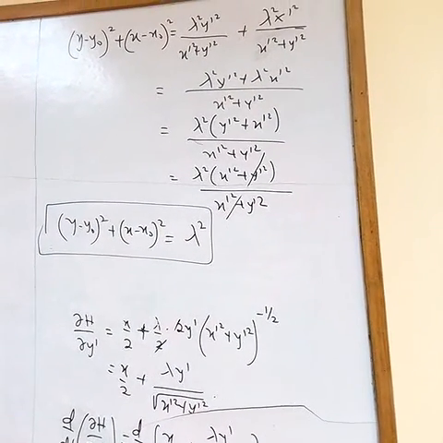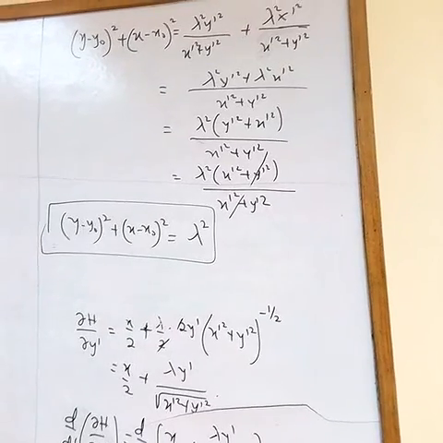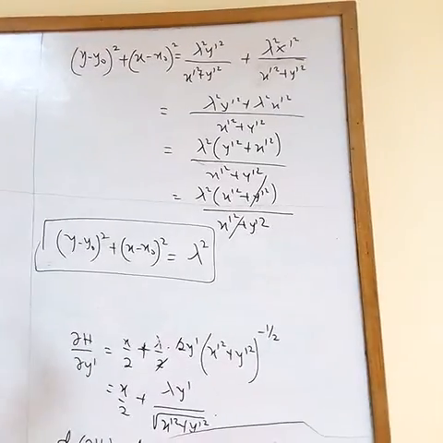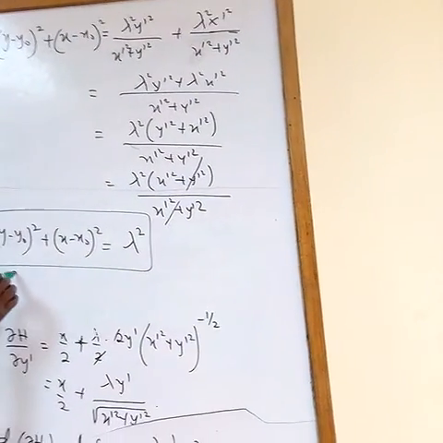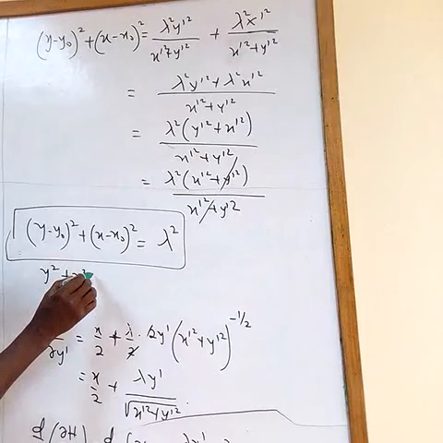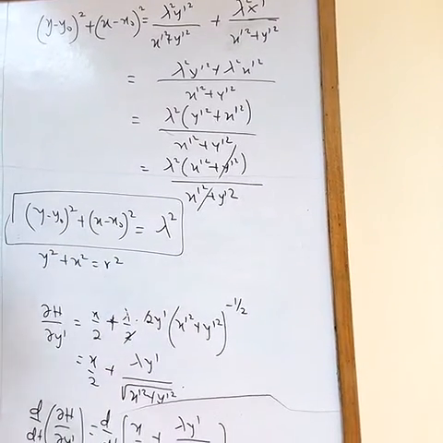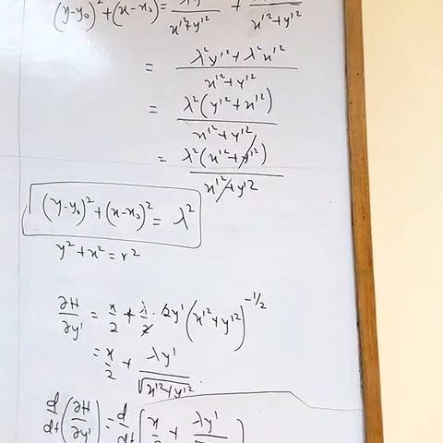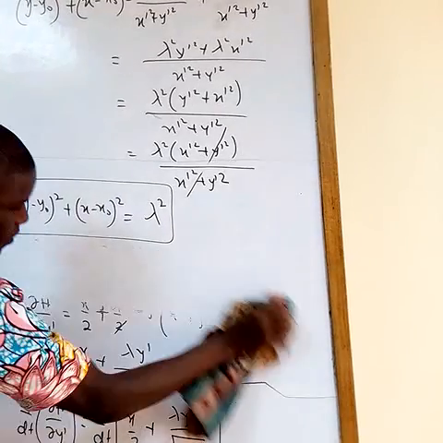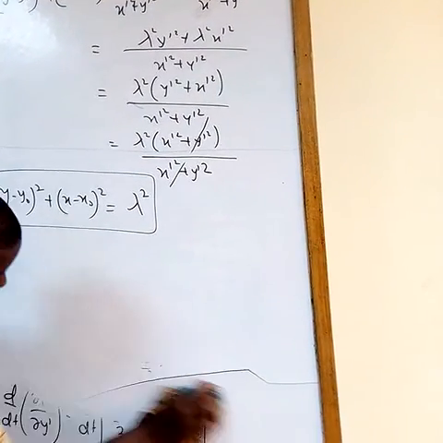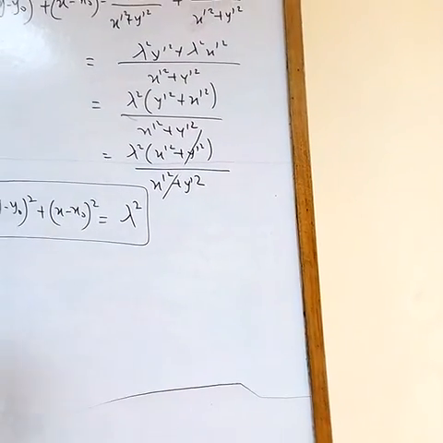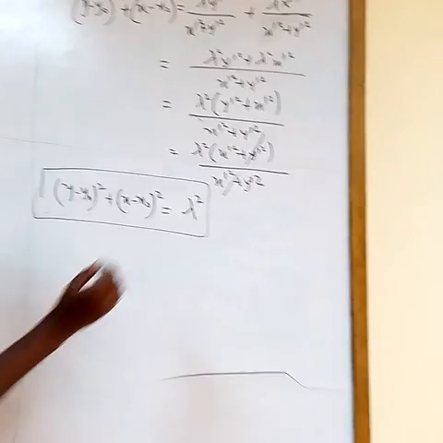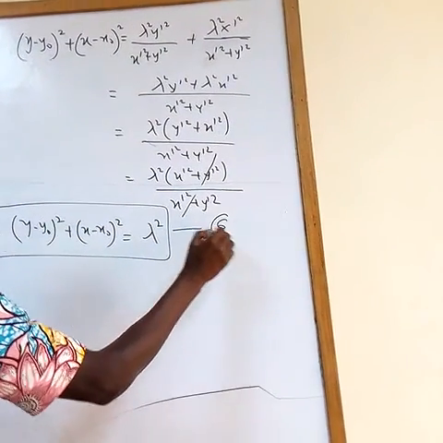That is the equation of the circle. And the equation of the circle states that y² plus x² is equal to r². But from this particular equation, we can deduce. So let's label this as equation 6.